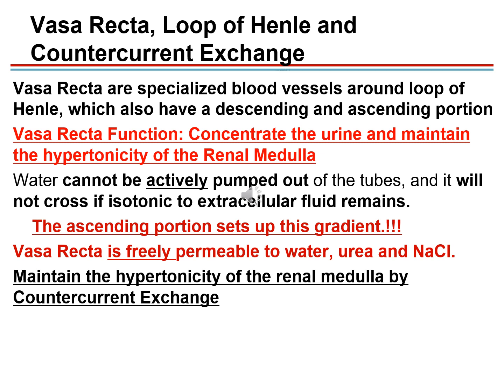In fact, the vasa recta also has a descending limb and an ascending limb. Its function is to concentrate the urine, but mainly to maintain the hypertonicity of the renal medulla in the way that I mentioned before, because the vasa recta will take the 20% of water that moves out of the descending limb into the medulla, and take that 20% back into the vasa recta.